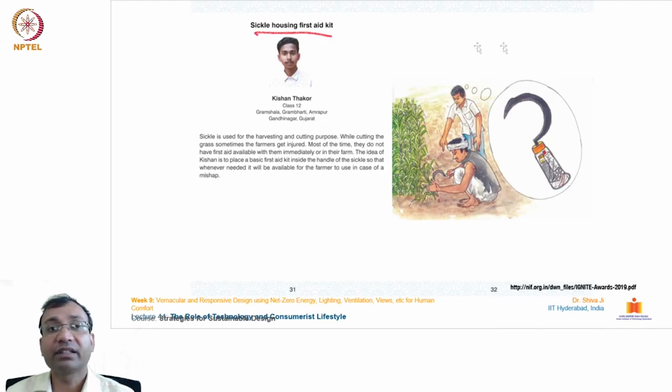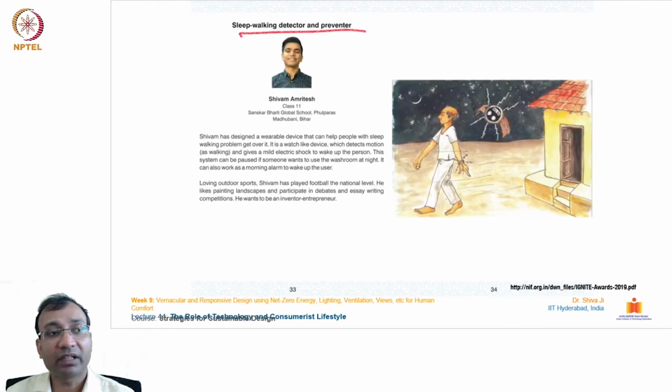The problem is in the agricultural field, medical help may be placed a few kilometers away, and this is crucial time whenever any such medical emergency arises in the field. So why not have a first aid kit, a life saving kit, kept inside the sickle itself. This is a novel idea from this student, Krishan Thakur, who is from Gujarat. Further, this idea has the potential to be developed into a full-fledged product, which will definitely help our farmers and the people who are working in the field.